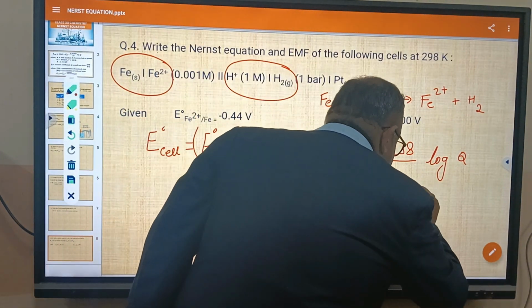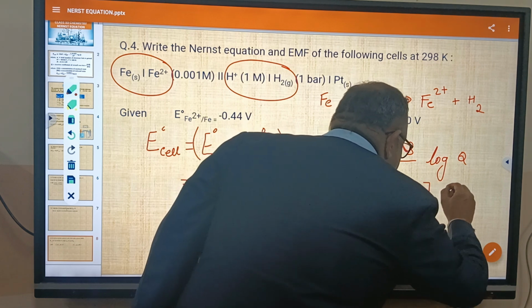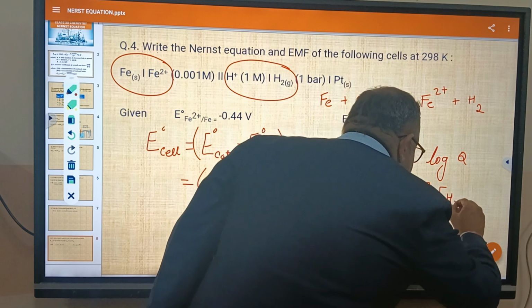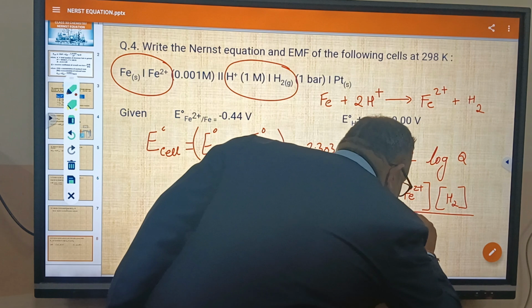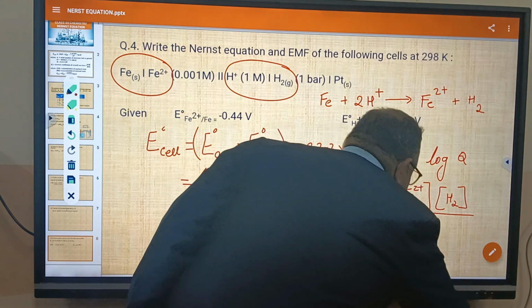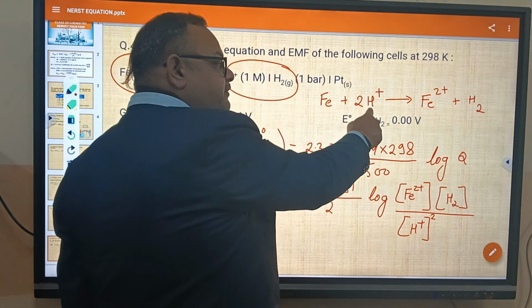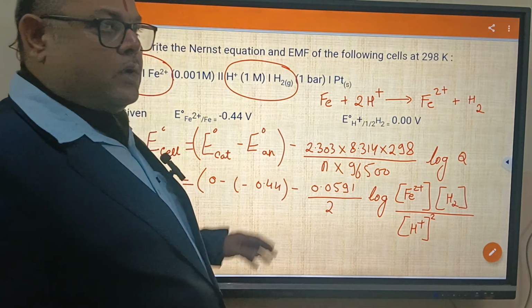So in this case, we will be writing the concentration of Fe2+ and also the pressure of H2 upon the concentration of H+ only. But the stoichiometric coefficient of H+ is 2, therefore we put a power as 2.